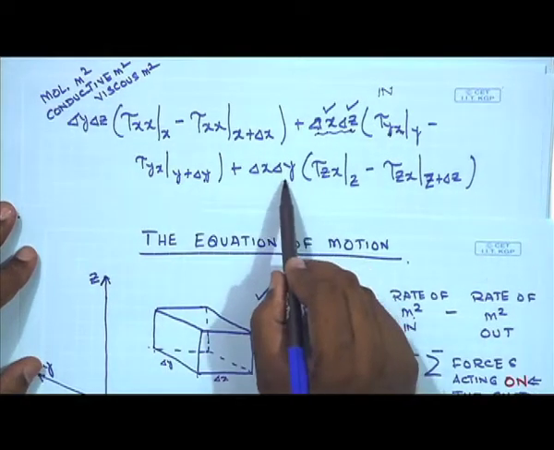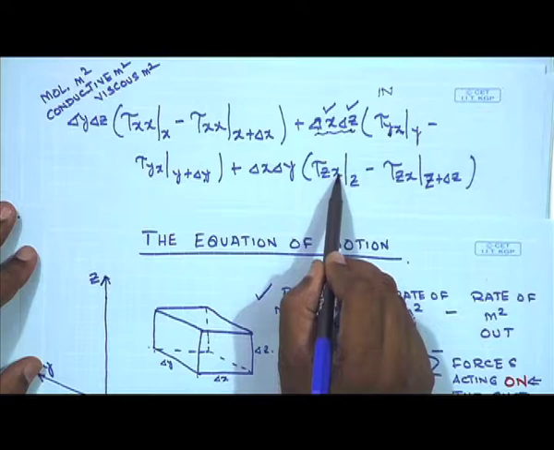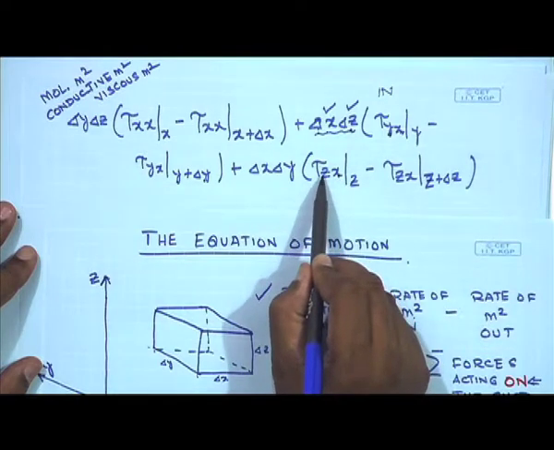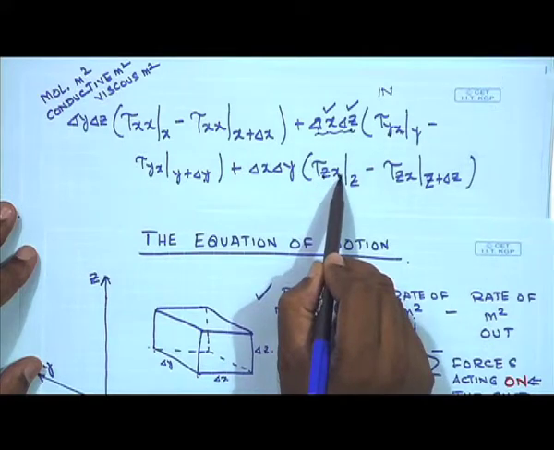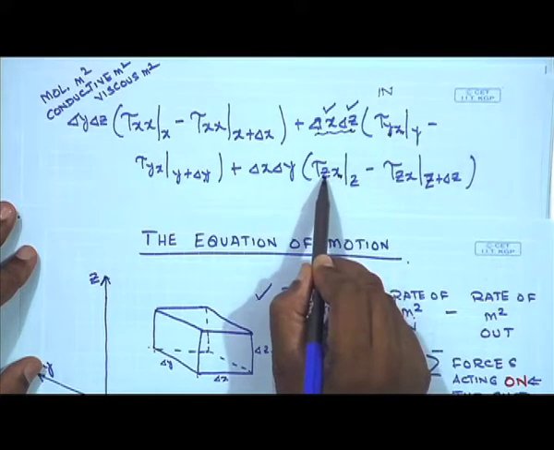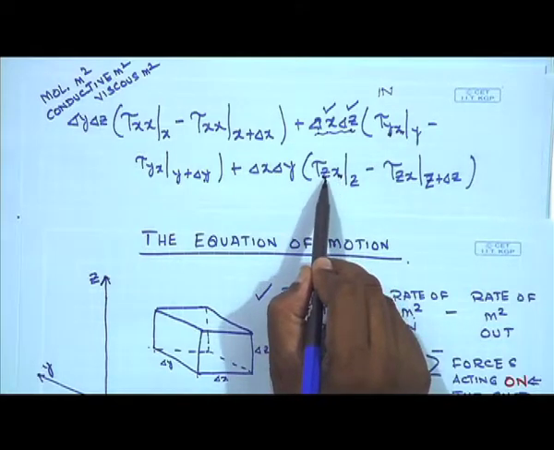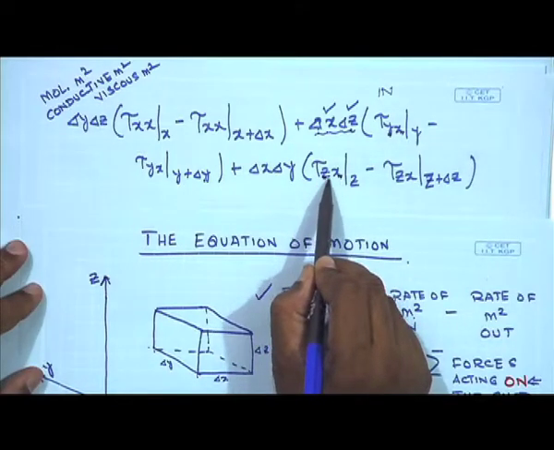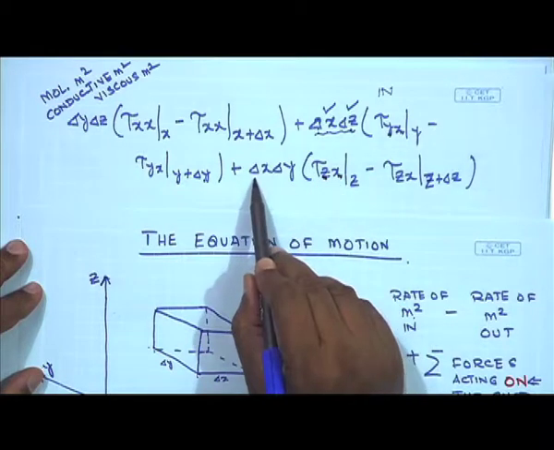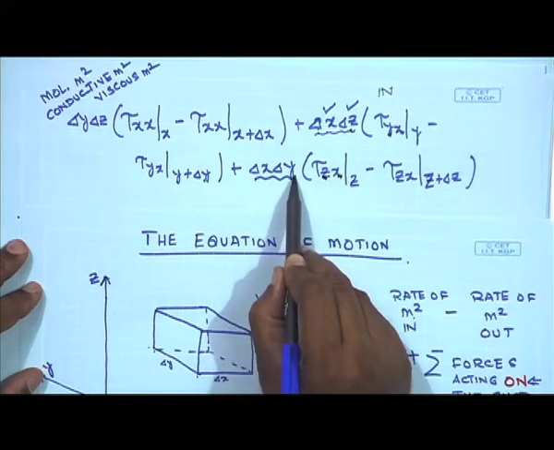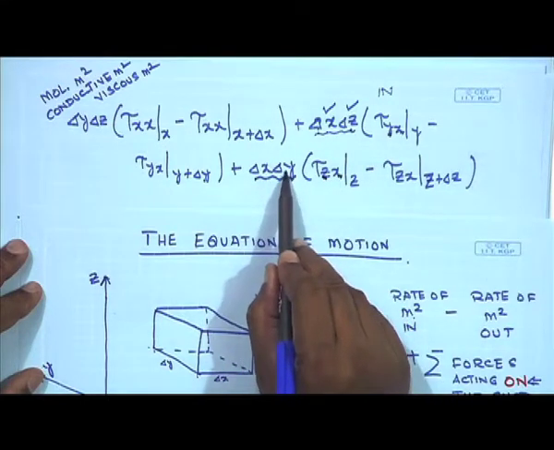Let us try to again work out the x component of momentum getting transported in the z direction. In order to obtain the total amount of momentum coming in, the viscous momentum coming in through the z phase, I must multiply this tau zx with the area of the z phase, which is del x del y.